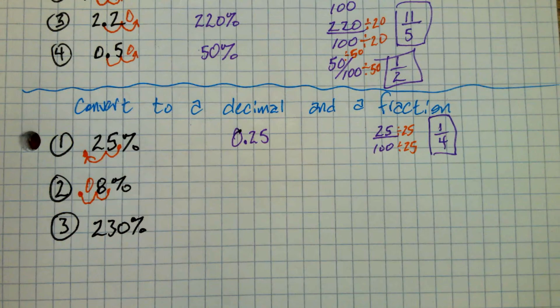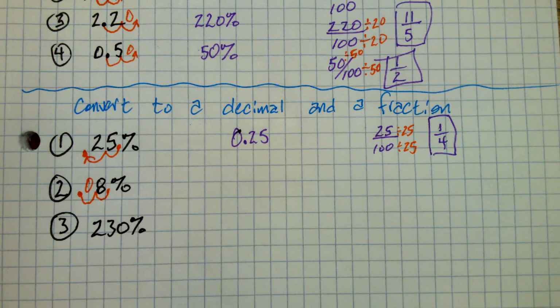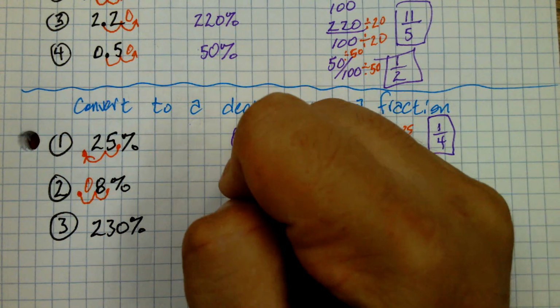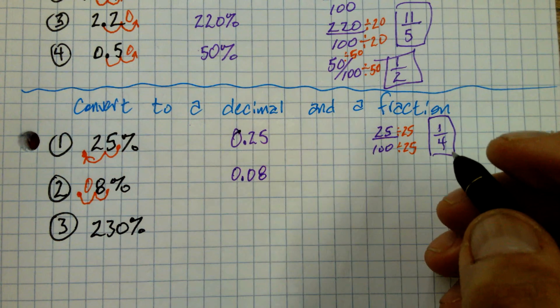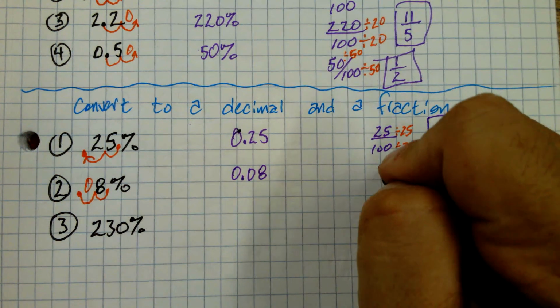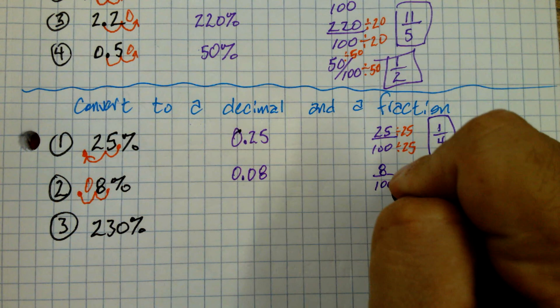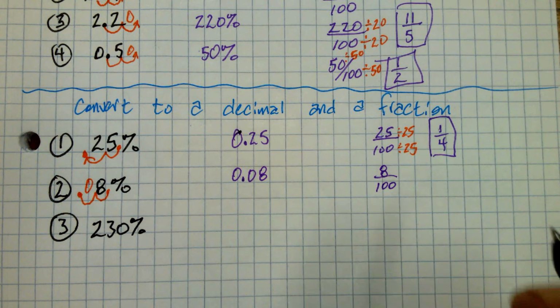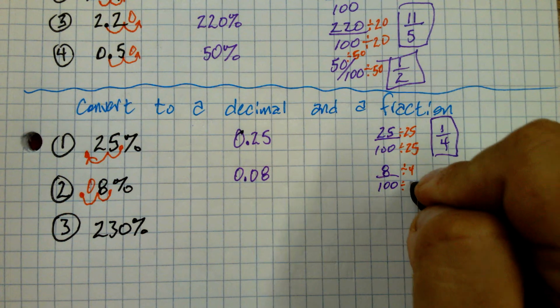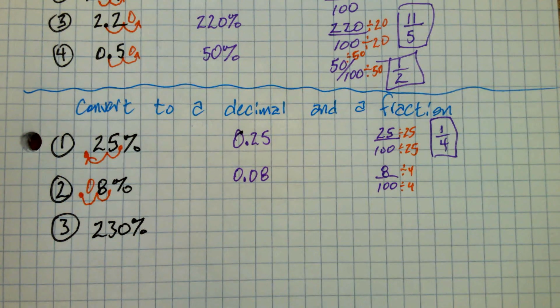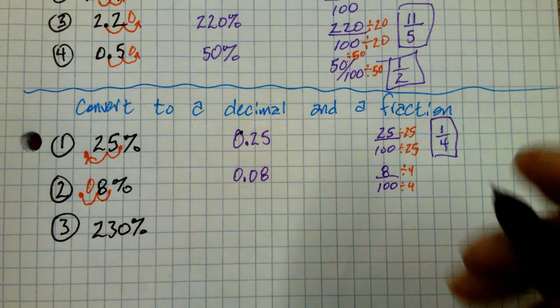So it's 8 hundredths, 0.08. And we could divide by 4, right? 2/25.